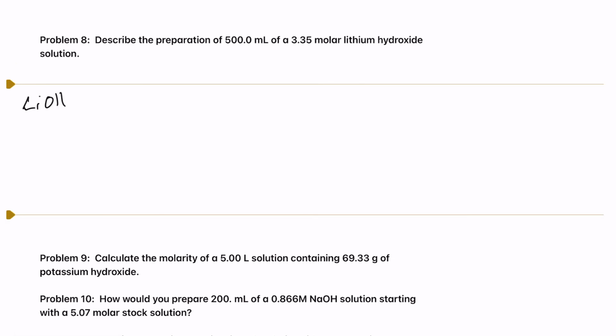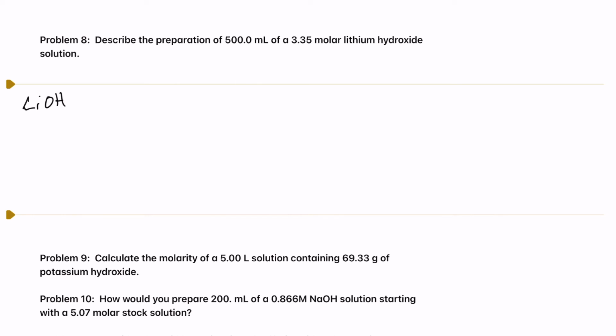Problem 8. Describe the preparation of 500 milliliters of 3.35 molar lithium hydroxide solution. So it's not just enough here to necessarily calculate it, but they want us to be able to describe how to prepare this solution.